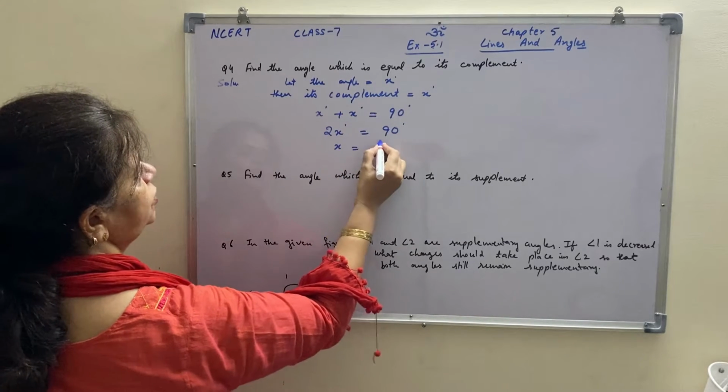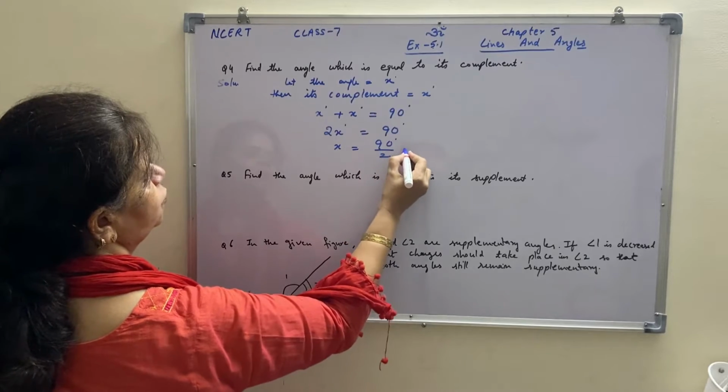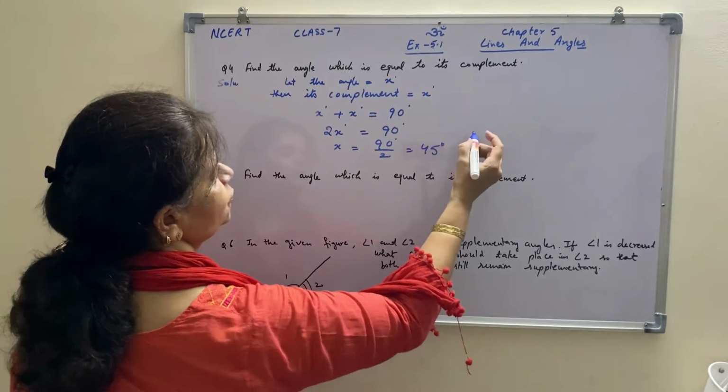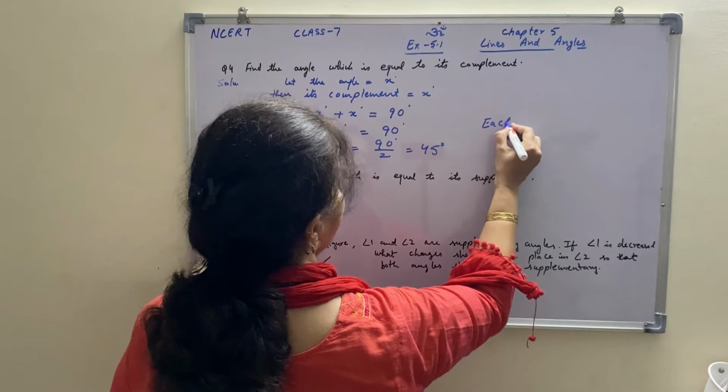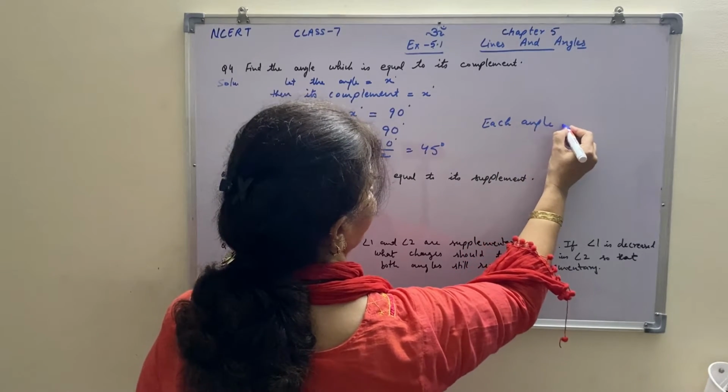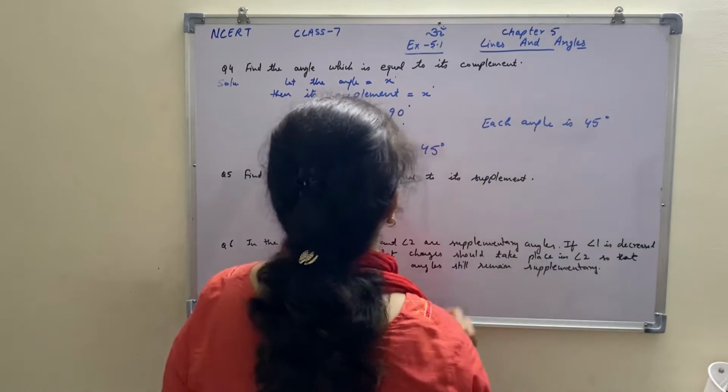That means x equals 90 divided by 2, which is 45 degrees. So each angle is 45 degrees. This is our answer.